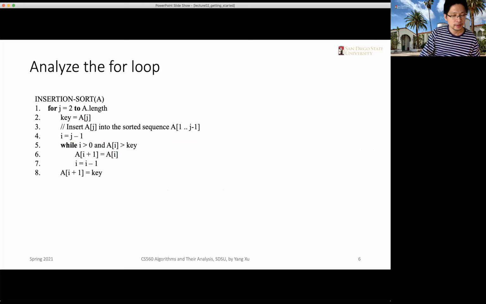Okay, all right. So, yeah, the key is a temporary variable that is only used within this for loop.